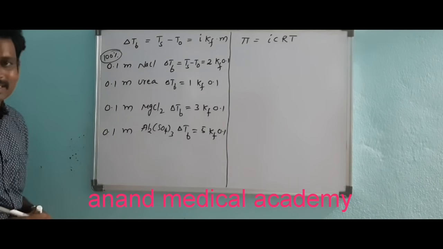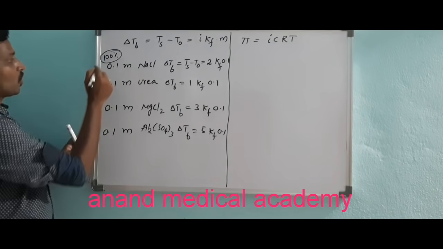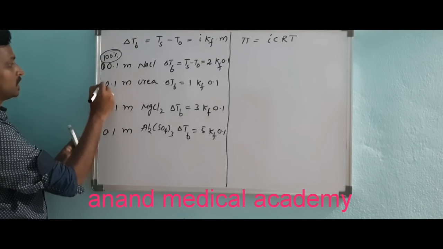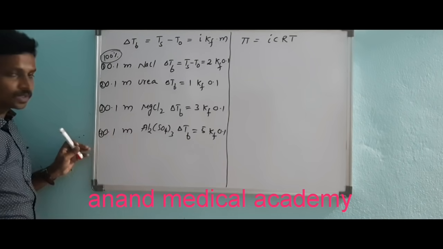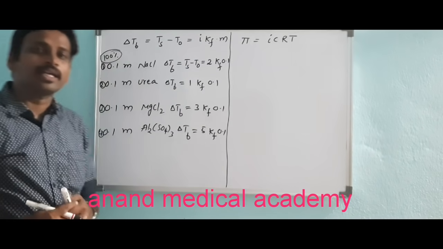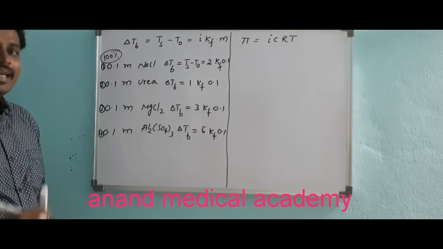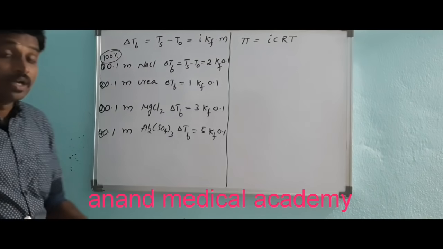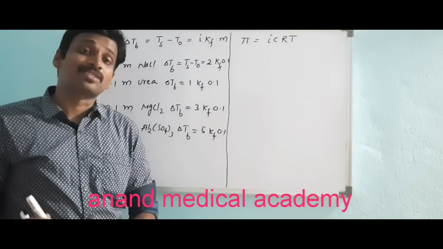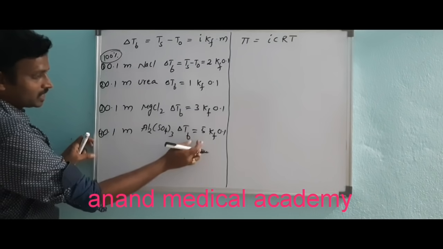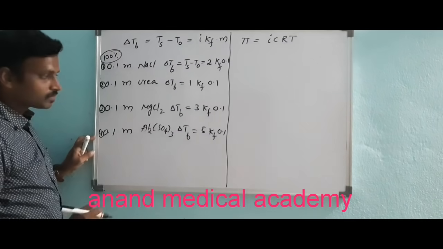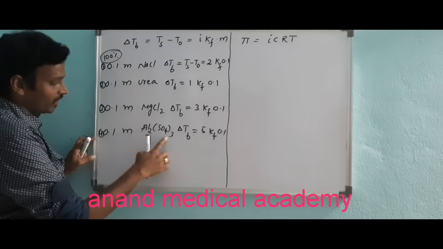So why am I giving these examples? These are the 4 options. Suppose this is the first option, this is the second, this is the third, and this is the fourth. If they ask which of the following has more elevation in boiling point, or which of the following solutions has more boiling point, from this information you can say the number of ions increased.